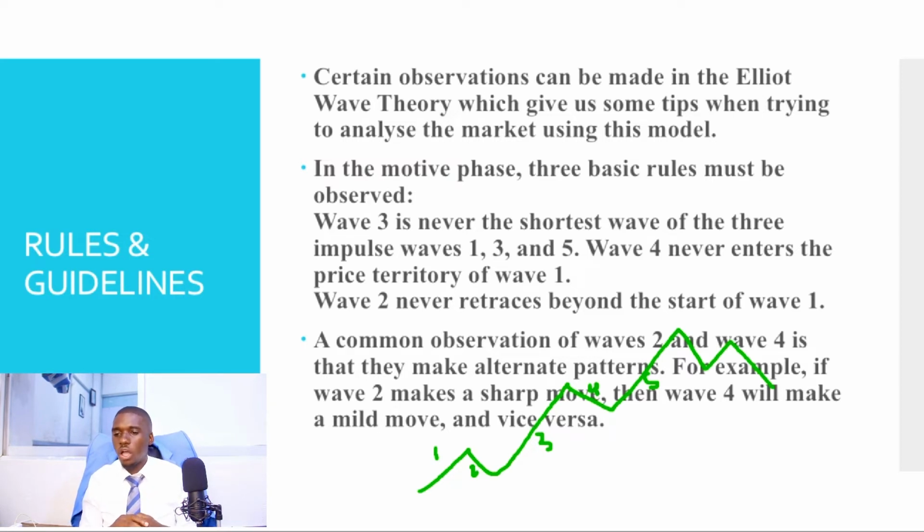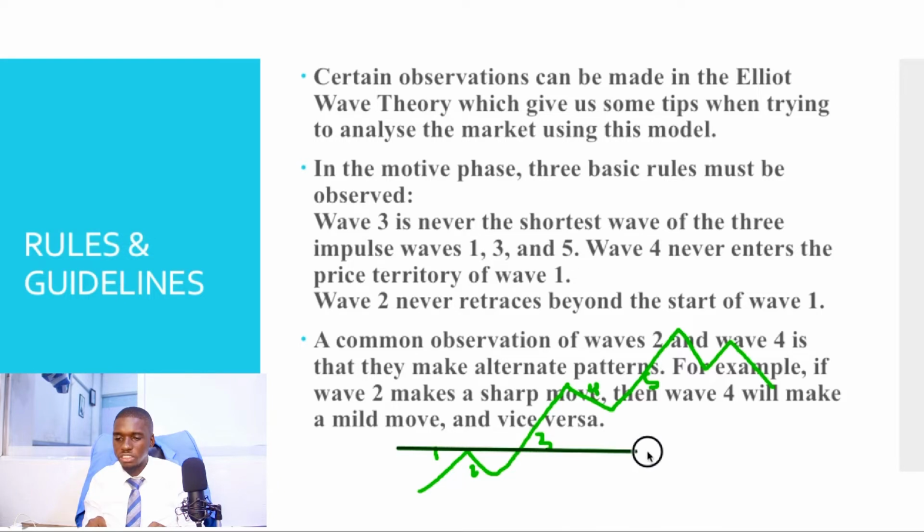Then secondly, wave 4 never enters the price parameters of wave 1. So as you're drafting this, we said wave 3 should be the longest. The next that you should know is that wave 4 should never enter the parameters of wave 1. So as you're drafting your wave 4, you have to make sure that it never touches the parameters of wave 1, just as you can see.